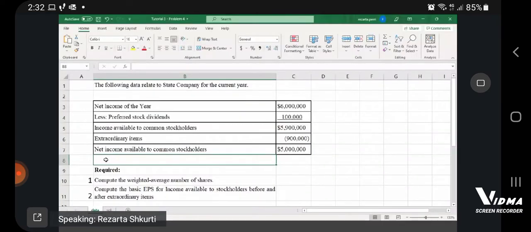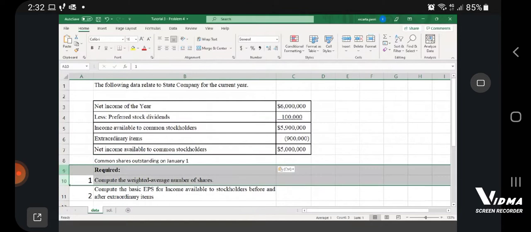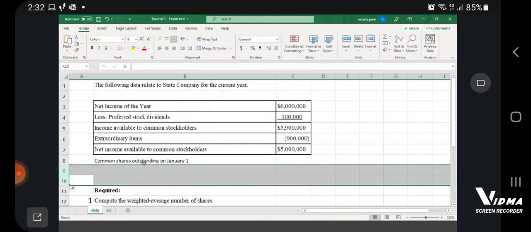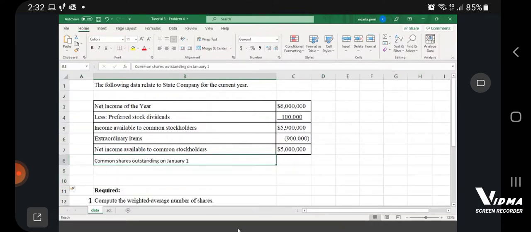Did you notice this? I'm just inserting that information over here. So in the tutorial, problem 4, we are told that common shares outstanding on January 1st are 3 million shares. This is the beginning of the current year.